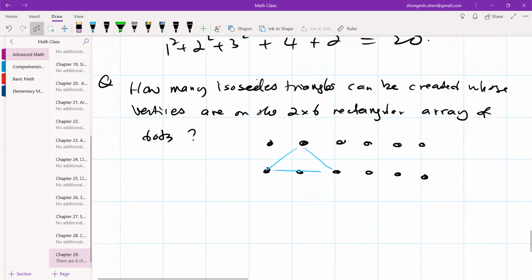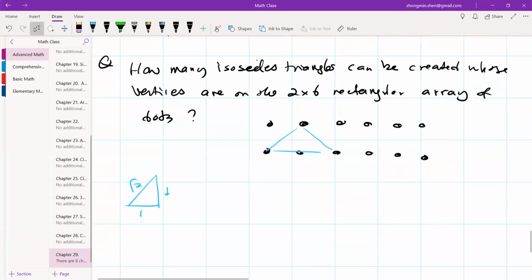So the first type will be like this. 1 by 1, the square root 2. This is a right isosceles triangle. How many of them? Okay, so this is one type of isosceles triangle.